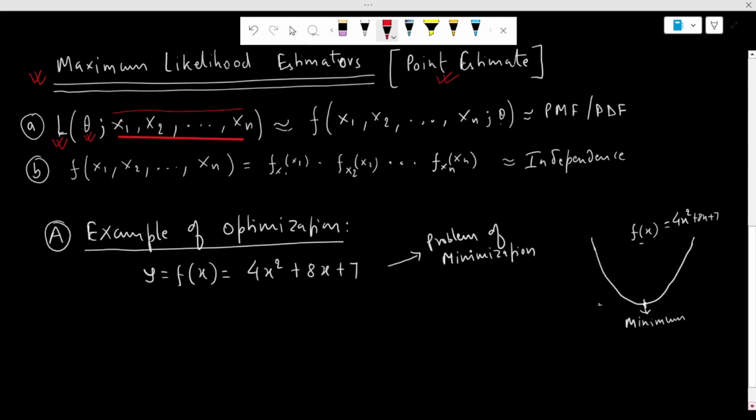So this is equal to either the probability mass function or the probability density function, depending on whether the distribution is discrete or continuous. And making use of the independence property, we are going to represent the joint distribution as the product of the individual distributions for each data point.